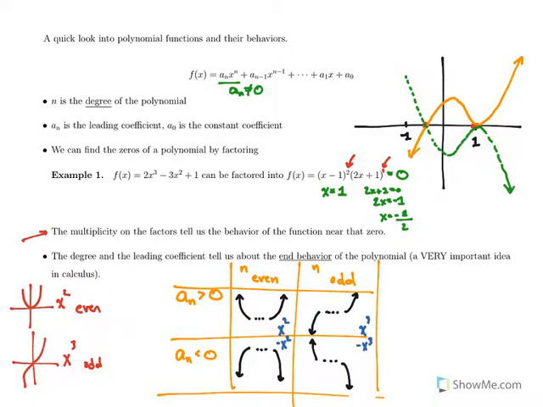So our function, 2x cubed minus 3x squared plus 1, has a positive leading coefficient and a degree that is odd. So we should have this third case, n odd, leading coefficient positive, which means that this yellow graph that I did before was indeed the picture of the function.